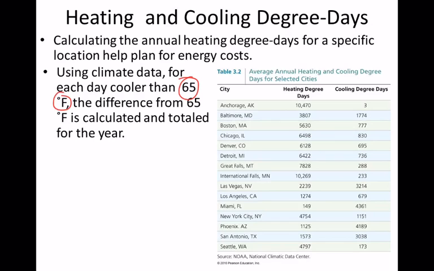So what they do is they take all of the days that are, how does this work?